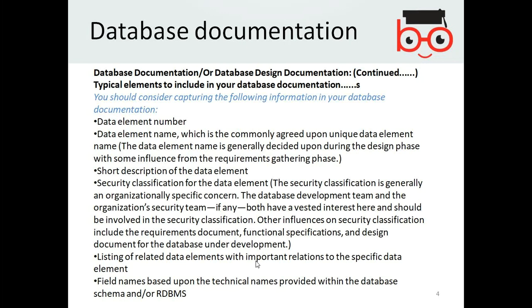Normally you don't take care of anything, you just randomly select any element name, but it should have some sense, with the particular information that you really want to include, to be useful as database design documentation.